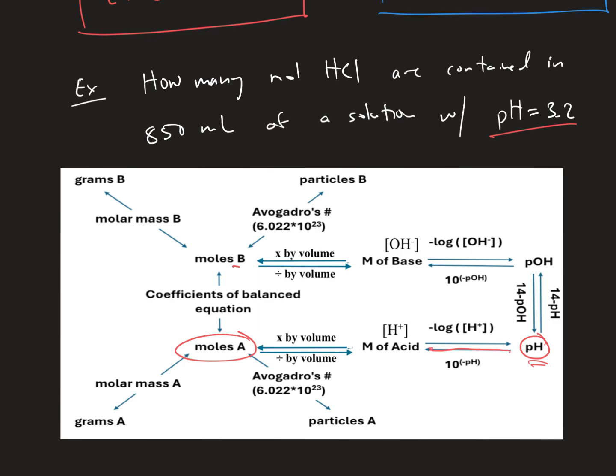We want to go this way, so we're going to do 10 to the negative pH. And that gives us our H plus concentration. And what's the ratio of H plus to, in this case, HCl? 1-to-1 ratio. So basically, whatever it is for here, that's what it is for the acid in this example. You with me? Because that is a 1-to-1 ratio.